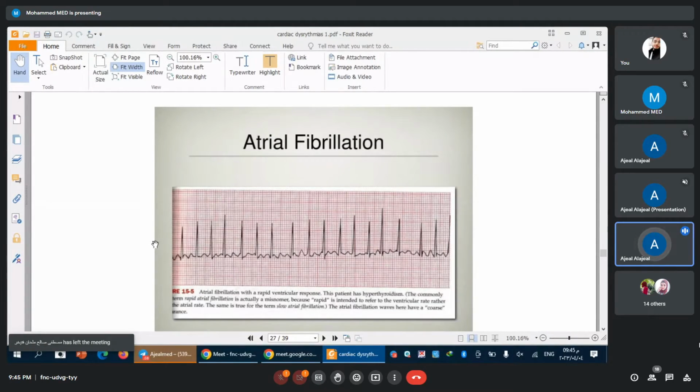Sometimes it goes to one arm and blocks the artery. It can go to the mesentery and the abdomen, but commonly it goes higher up to the head.